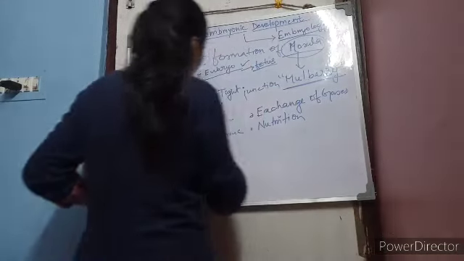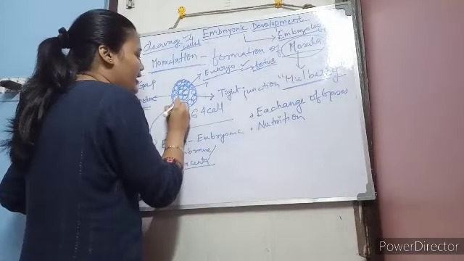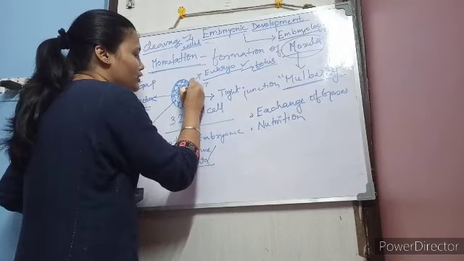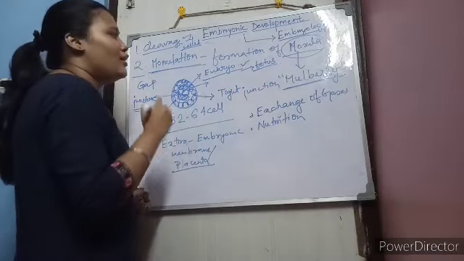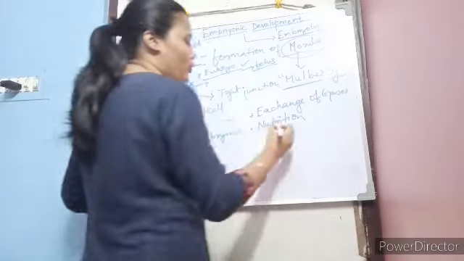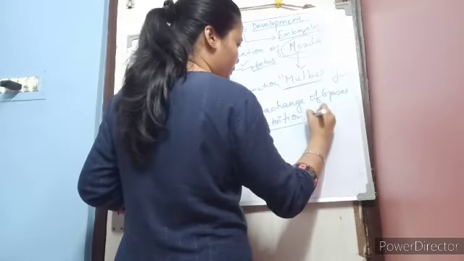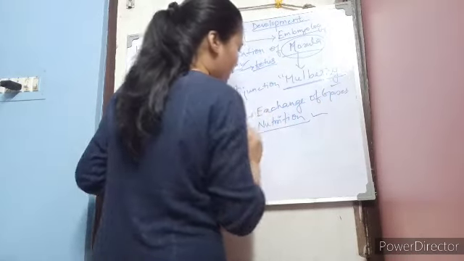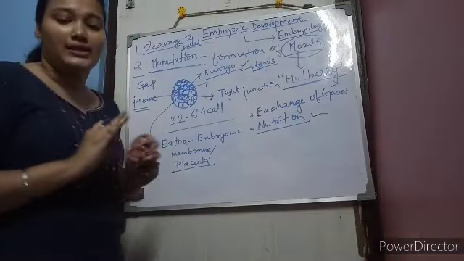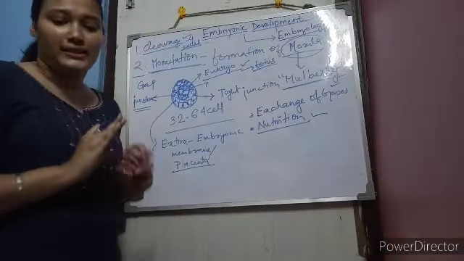The outer cell provides nutrition to the future inner cell mass, because this will become the embryo or fetus. So the gap junction is responsible for the exchange of gases. So the morula stage is completed.